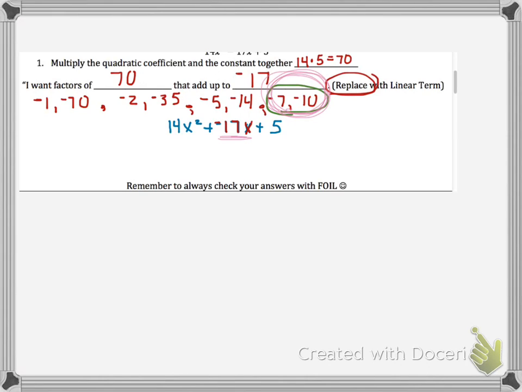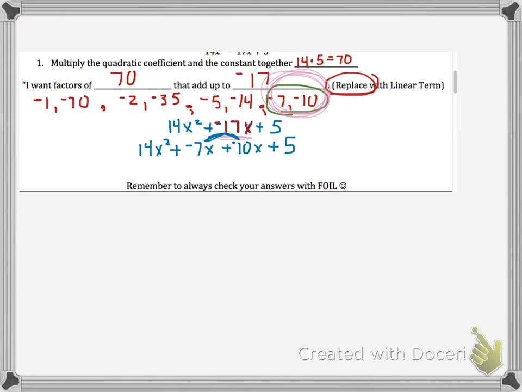So we will rewrite and say, okay, 14x squared, and that will be the same as plus negative 7x plus 10x. So you can see I'm splitting the negative 17 into those two pieces, plus 5.